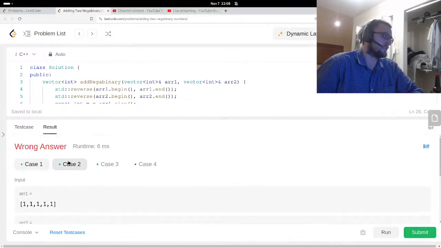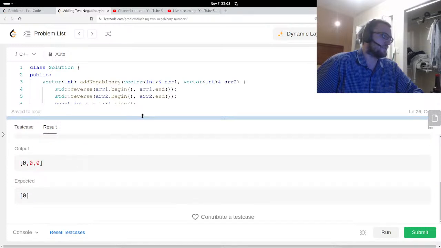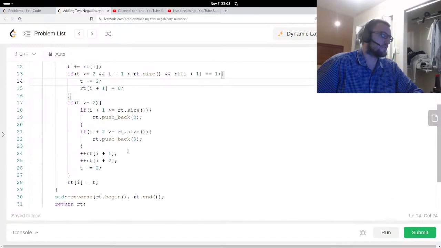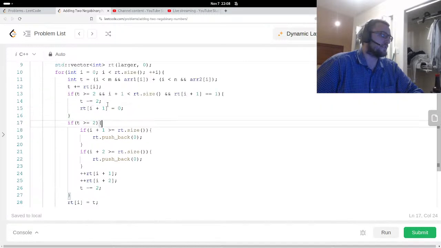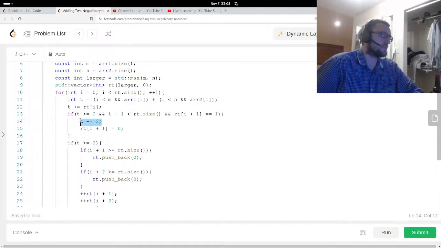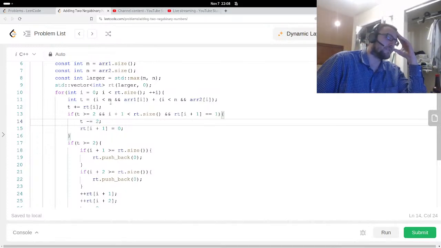Okay, so these are now fine. Very good. This one is wrong. And the reason it's wrong is we have 1, 1, and 1. We add these ones, we get 2. We get 2, 1. T goes to 0.